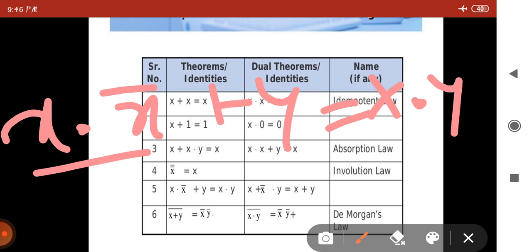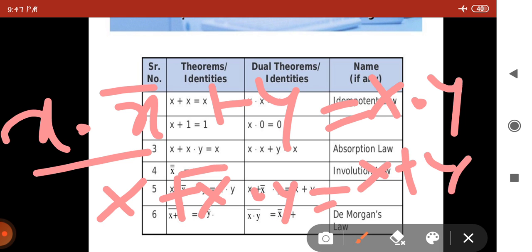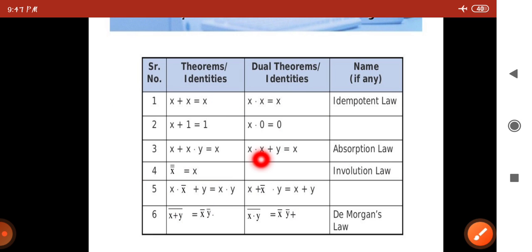X plus x bar into y, we can use it as x plus y. This expression can be used like that. X plus x bar into y, can we use it as x plus y? This is a very important law to solve the expressions.